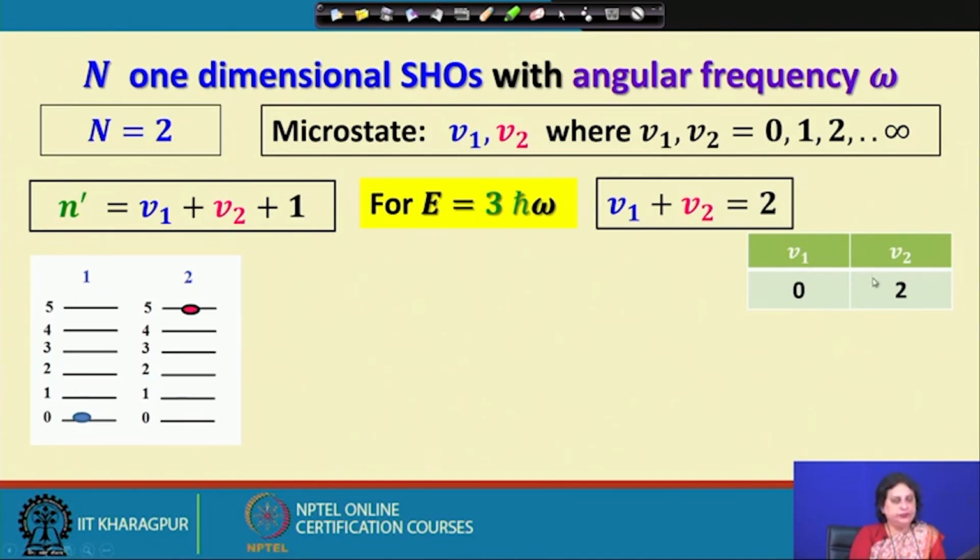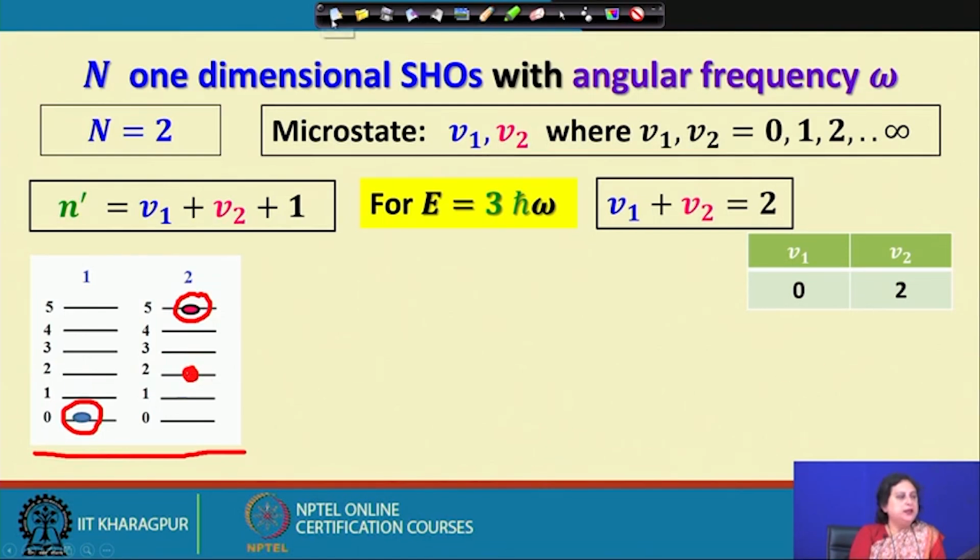So, that is 2, and this is a typical representation of what the corresponding microscopic state would look like. As you see, oscillator 1 is occupying the zero point energy state, and oscillator 2 is present corresponding to V2, sorry, this one should be here, V2 equal to 2.